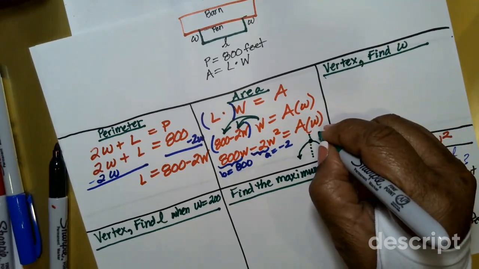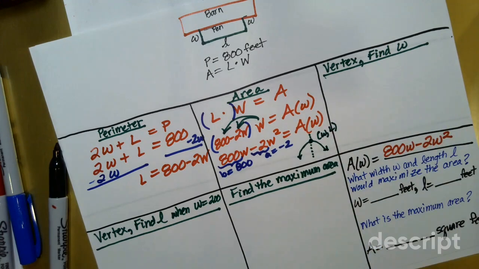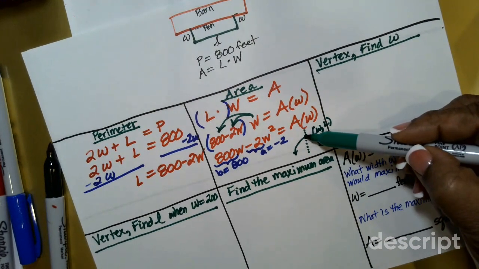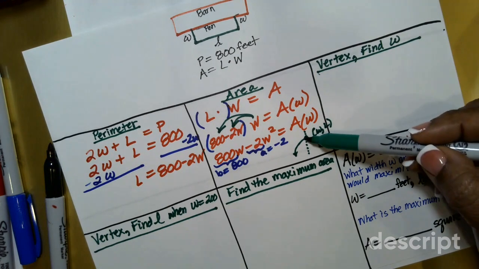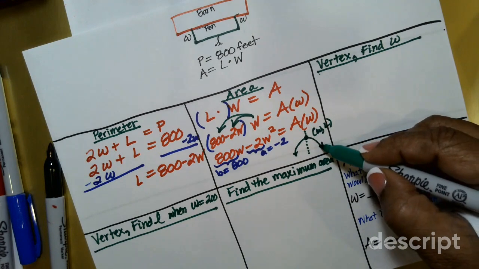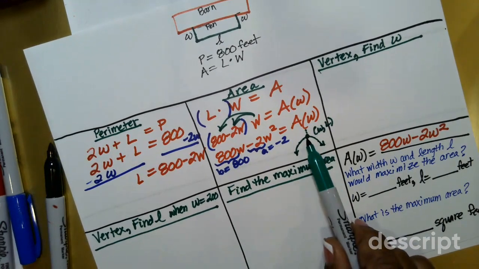And that vertex is an ordered pair, W, L. Normally X, Y, but in this case, W, L. And because the parabola opens downward, we do have a maximum point up here, so we will be able to maximize this area. But the key to maximizing the area is finding this point, because any point on this parabola will give us the same perimeter, but we want the maximum area, and that's this point here.